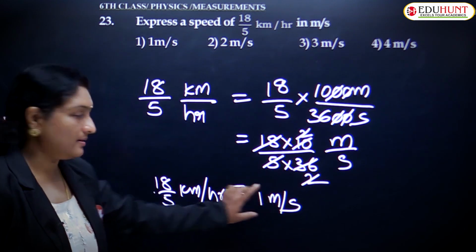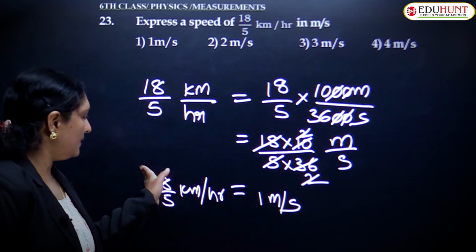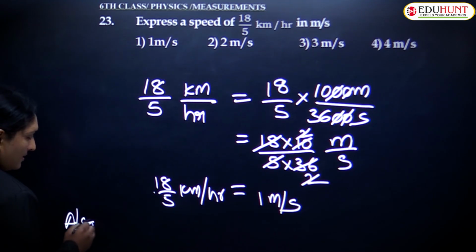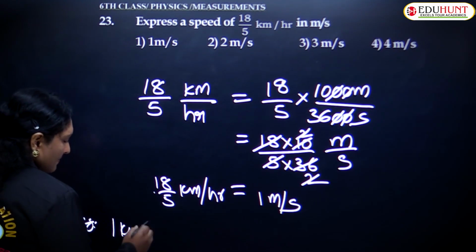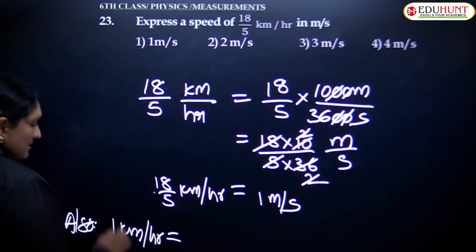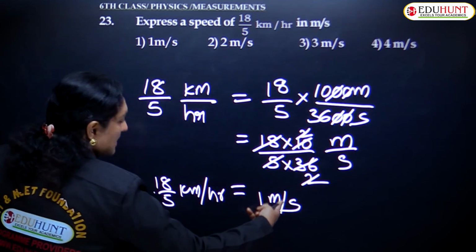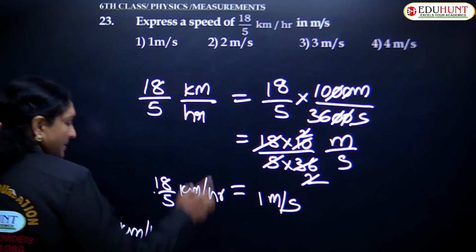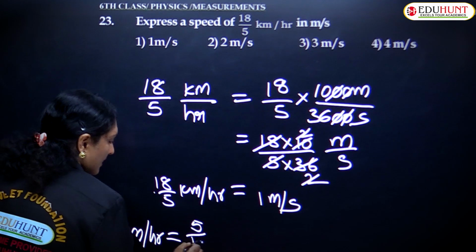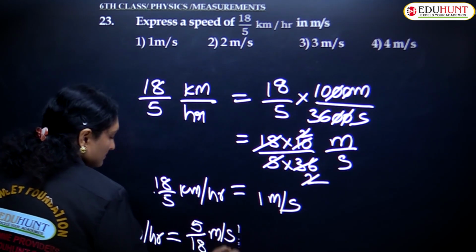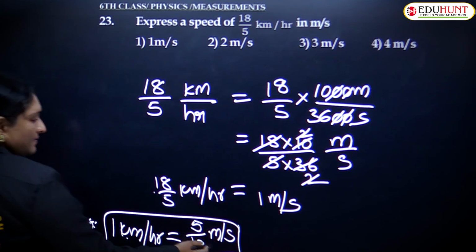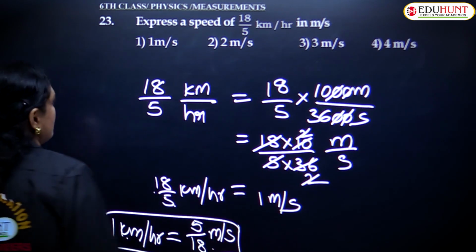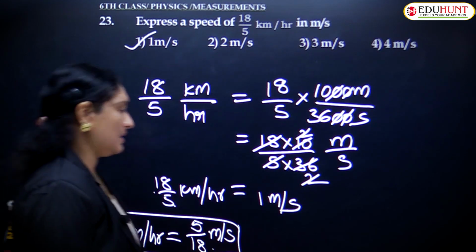Similarly, 1 kilometer per hour, if you take this number to the other side, it becomes the reciprocal: 5 goes up, 18 comes down. So 1 kilometer per hour is 5 by 18 meter per second, and 18 by 5 kilometer per hour is 1 meter per second. So your answer is 1 meter per second.